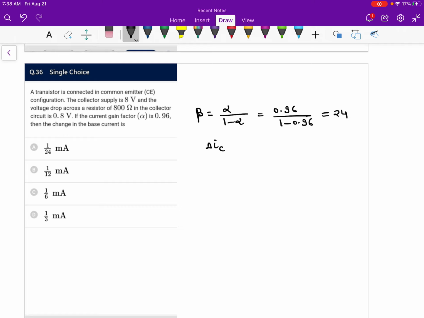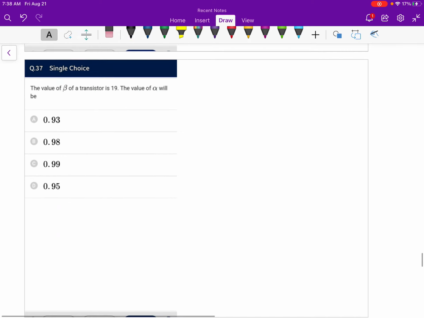Okay, now delta IC is 0.8 volt across the collector, and resistance 800, which is 10 to the power minus 3 ampere. Now delta IB is delta IC upon beta, so that is 10 to the power minus 3 upon 24, that is 1/24 milliampere. So A is the correct option.